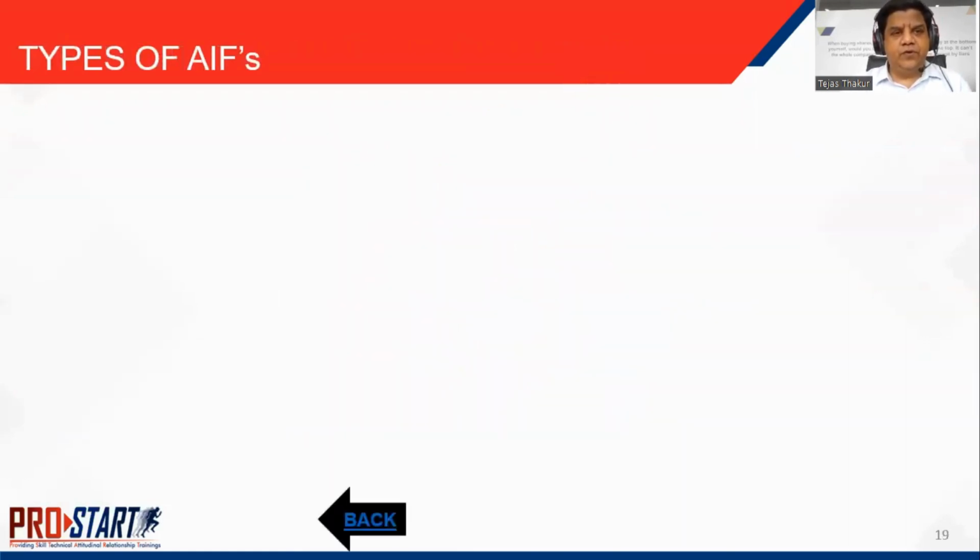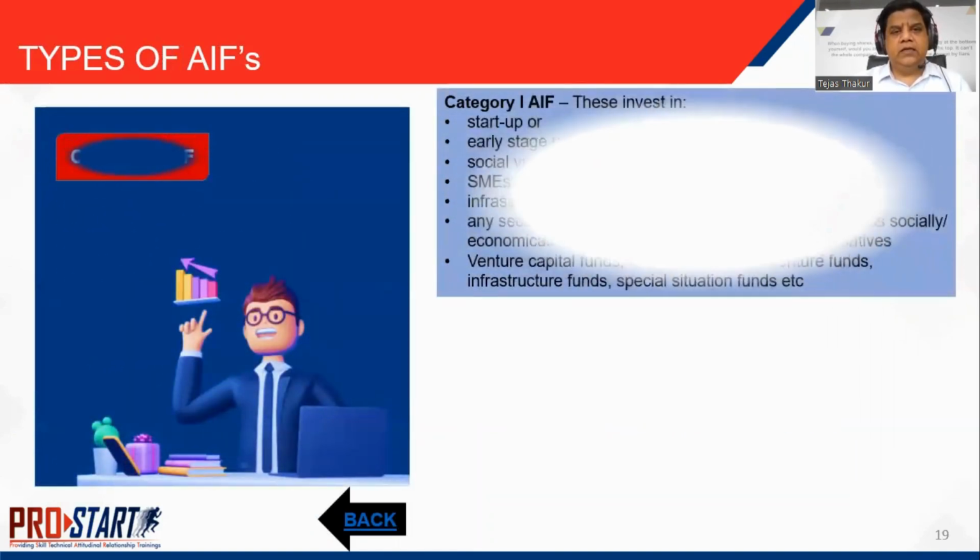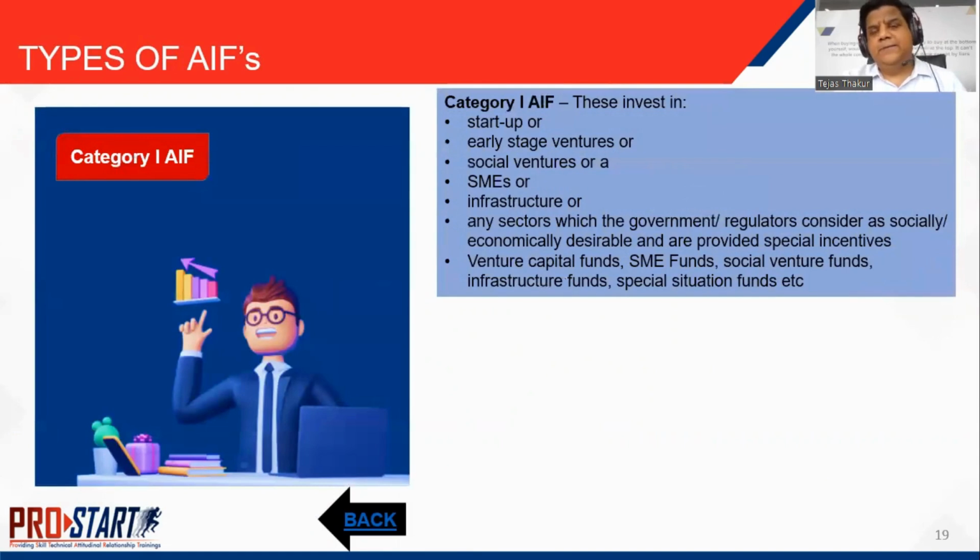Types of AIF if I have to look at. So three broad categories. Cat 1 AIF, what is it? Here we invest in a startup company or an early stage venture or a social venture or an SME or infrastructure funds. Typically anything which receives a special incentive from either the government, which is state or central, and the regulators.